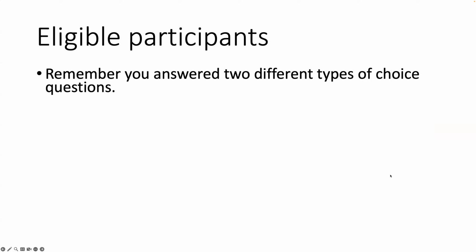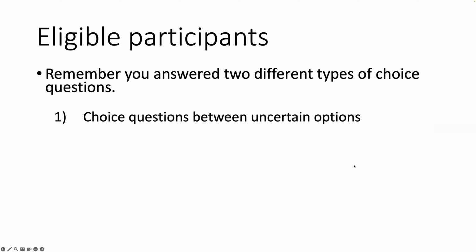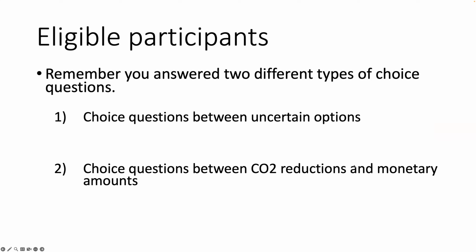Before we draw the random numbers, please keep in mind that during the study, you answered two types of choice questions. Type 1 concerned choices between two uncertain options. Type 2 concerned choices between certain CO2 reductions on one hand and monetary amounts for you on the other hand.